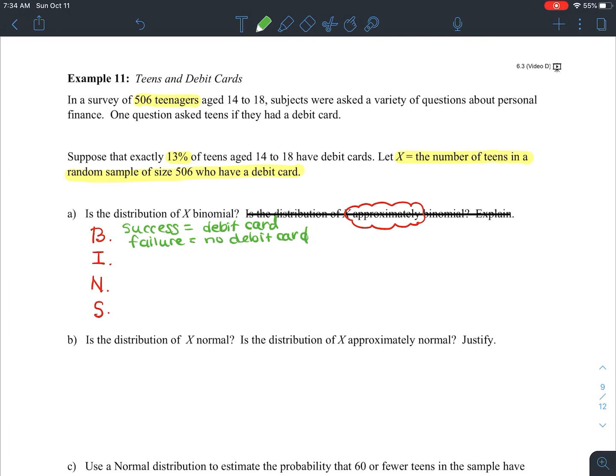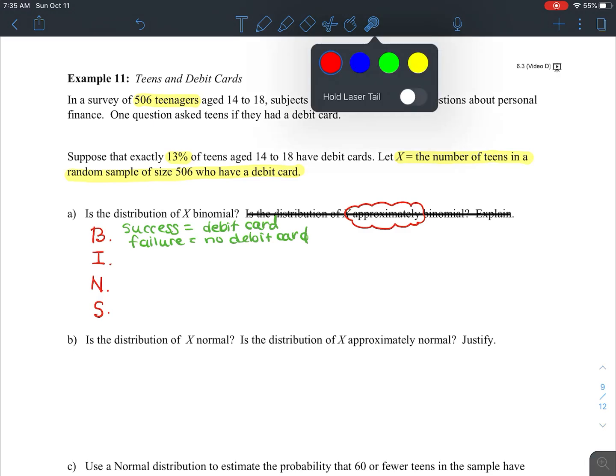Now, keep in mind, when we talk about surveys like this and we're selecting people, the idea is when they're choosing these 506 people and they pick one at a time, they don't want the person who they just selected to be put back into the poll so that they would accidentally be selected again. And so anytime we're doing a survey, the assumption is always that we're doing that survey without replacement.